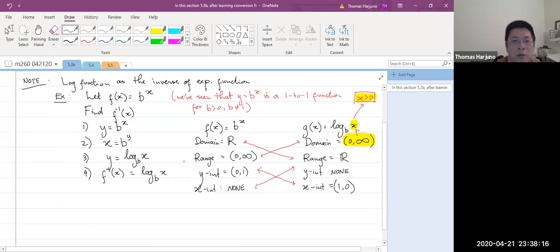In the exponential function, we have the horizontal asymptote y equals 0. Okay, now when we go to the logarithmic function, that horizontal asymptote becomes a vertical asymptote. The y becomes x.